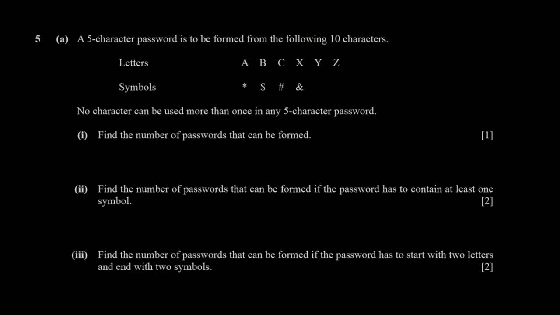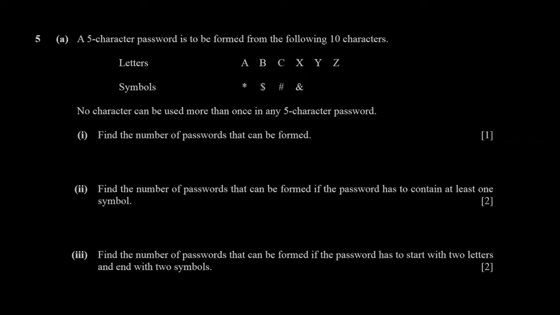Now, let's read the question. We've got a 5-character password. If it's a password, then the order is going to matter, isn't it? Because if I had the letters A, B, C as my password, that is not the same thing as C, A, B. Those two things are different because the order is important. So we're going to be using permutations here.